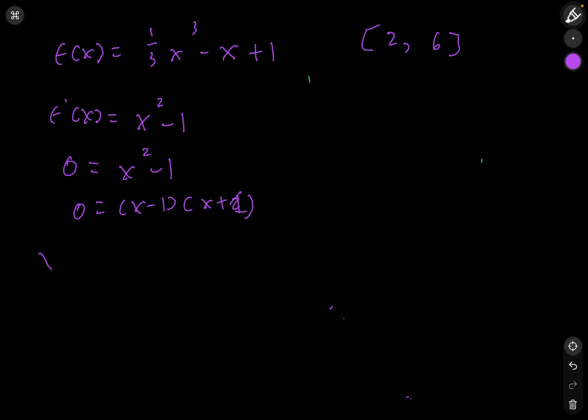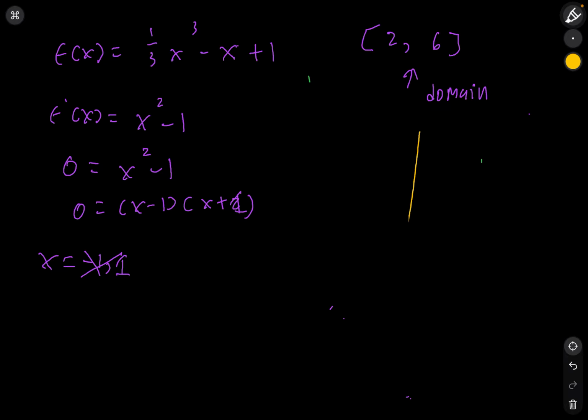However, we can't use any of these values, because we're restricted to this domain. Since the x coordinates are outside of the domain, we can't use those for our candidates test. So they're utterly useless to us. And this might not seem intuitive at first, however, it makes sense when you're on a specific domain.